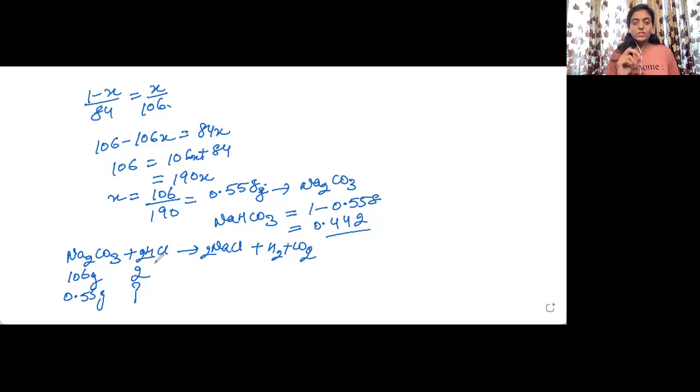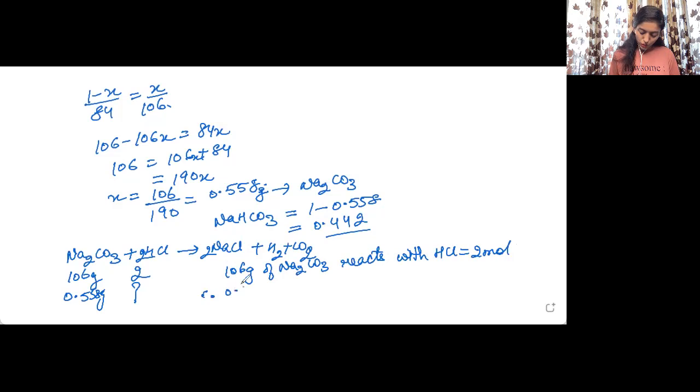If 106 gram of sodium carbonate reacts with HCl equal to 2 mole, therefore 0.558 gram of Na2CO3 reacts with HCl equal to 2 upon 106 multiplied by 0.558, which is 2 multiplied by 0.558 divided by 106.